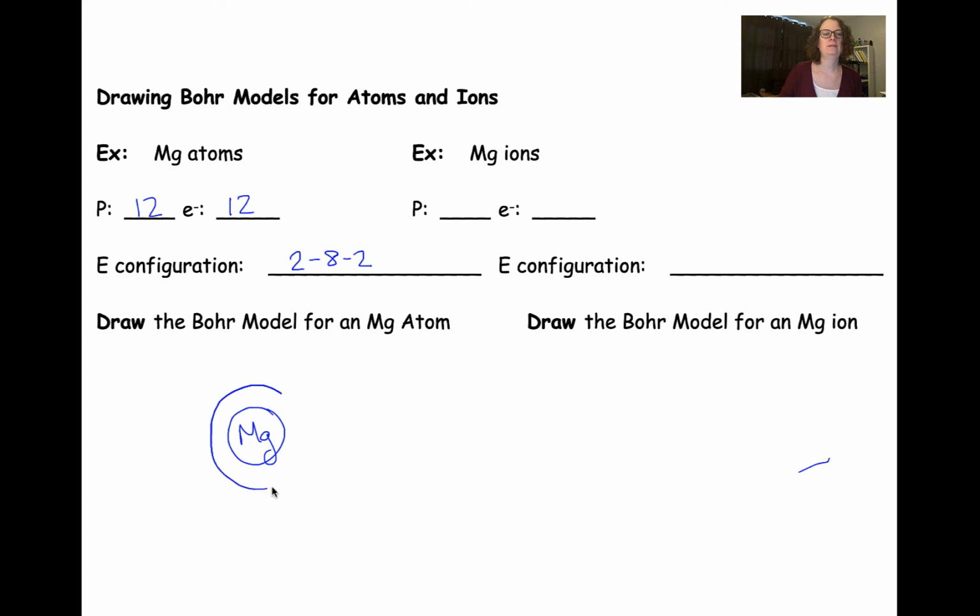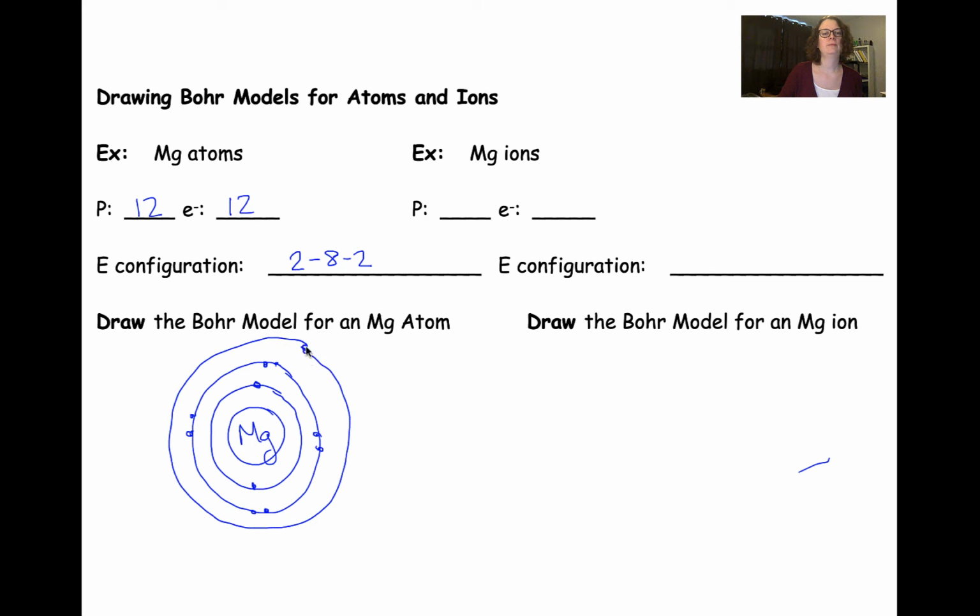I'll do my nucleus. Then I've got 2 electrons in my principal energy level of 1, 8 in my second shell, and then 2 out in my third shell.